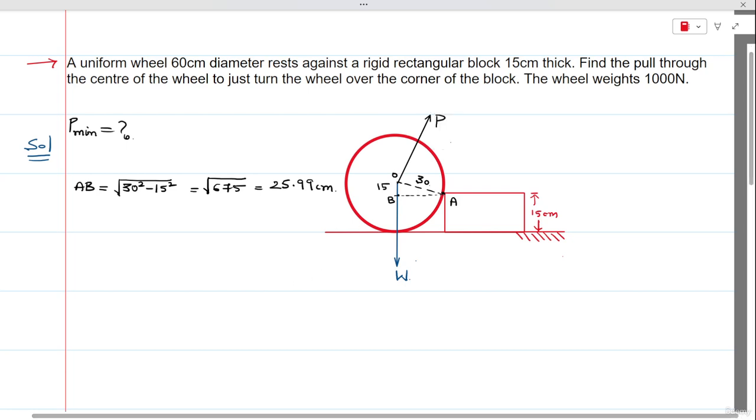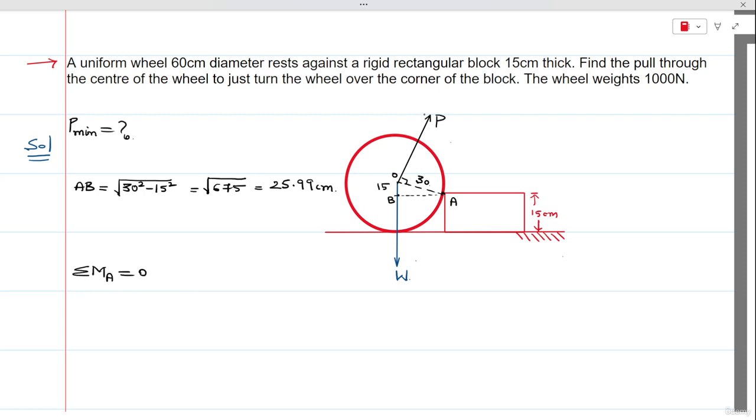So let's say that this is 90 degrees and the cylinder is going to experience rotation about the point A. So moment of forces about A should be equal to 0. The forces are P and the weight of the cylinder. So P into OA, or here we are referring to P minimum, is equal to W into AB.